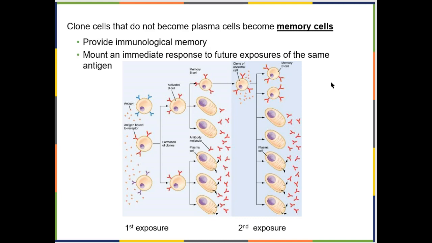So the next time you get infected, the next time you encounter the same antigen, instead of having just that one B cell that makes an antibody you need, you have a couple of thousand, and it's much quicker to ramp up production if you're starting at 1,000 versus 1. So this is where immunological memory comes from: the memory cells.